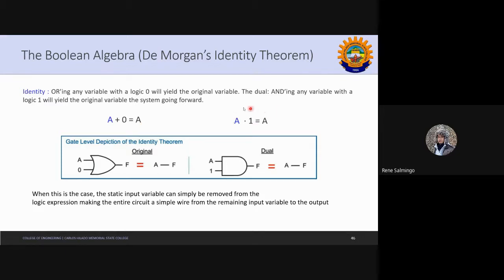But we are not saying A plus 0, that's not applicable in logic circuits. It would be A or 0, and this is A and 1. So be careful saying this in logic circuits because it would mean something different. So always say A or 0. This is not plus.